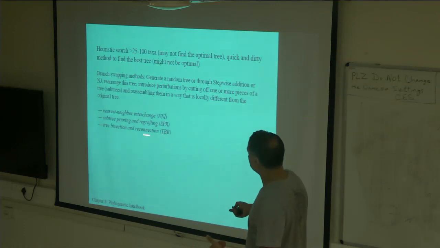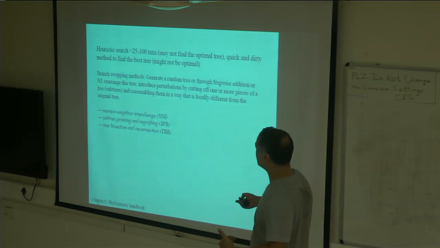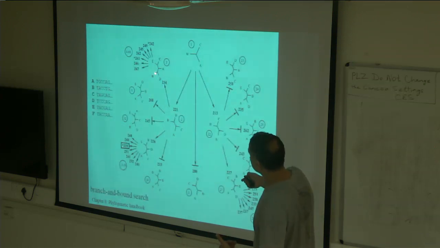I think TBR, tree bisection and reconnection, is the most intensive. Nearest neighbor interchange is, you just interchange the nearest neighbor. So that and that, you interchange, right?